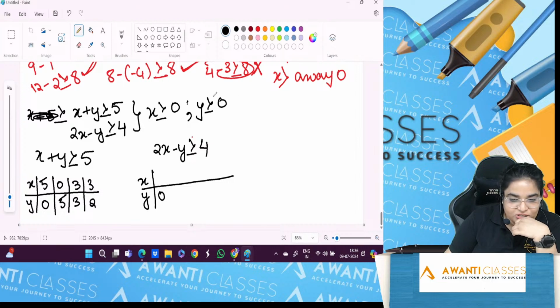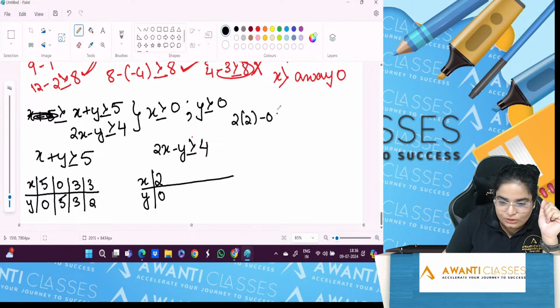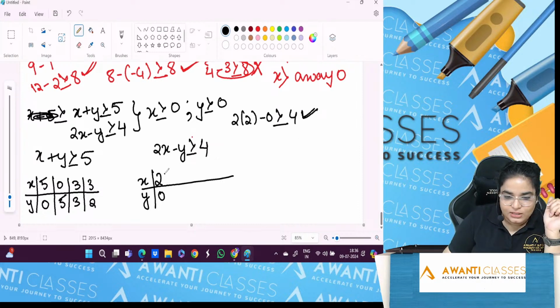Because the condition says y should be greater than or equal to 0. So if y is 0, x should be how much for it to be 4? It should be 2, correct? Yes, because if we take x as 2, 2 into 2 minus 0 will be equal to 4. It will satisfy.